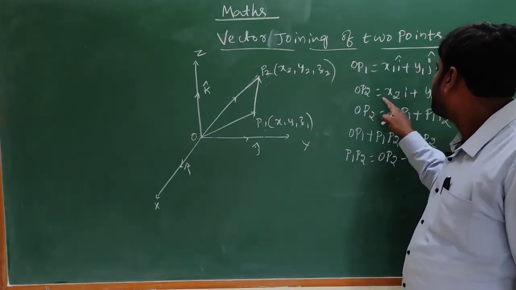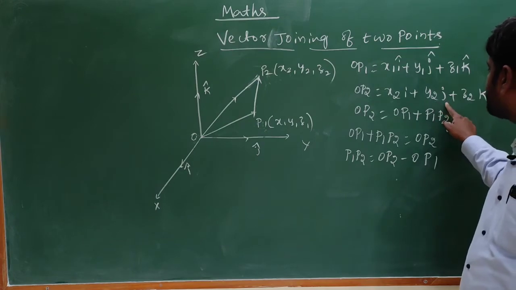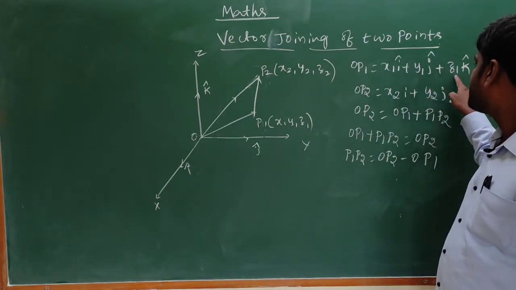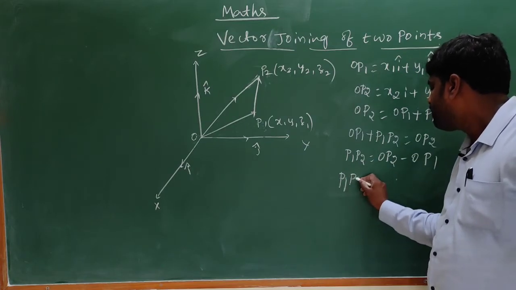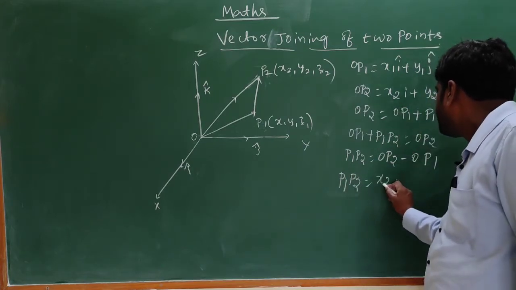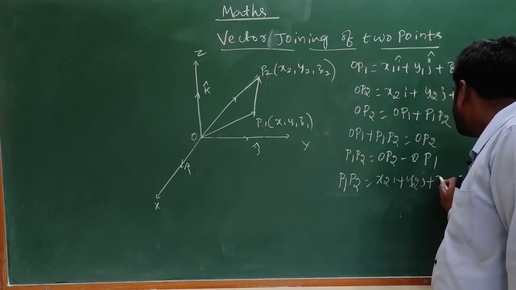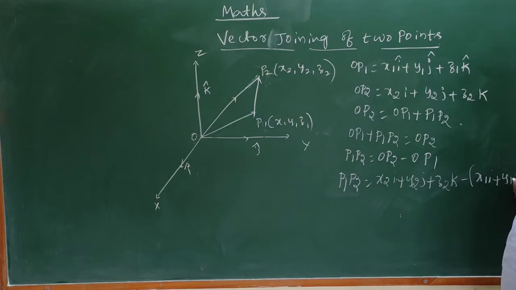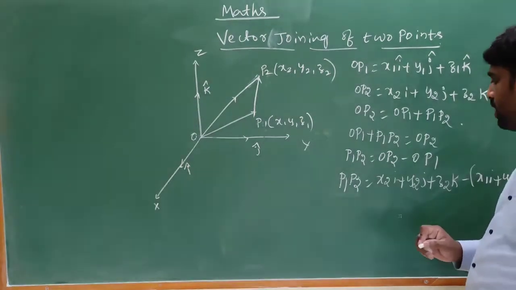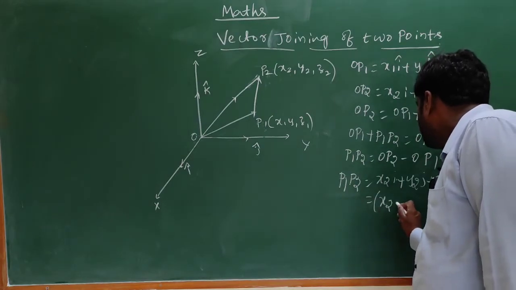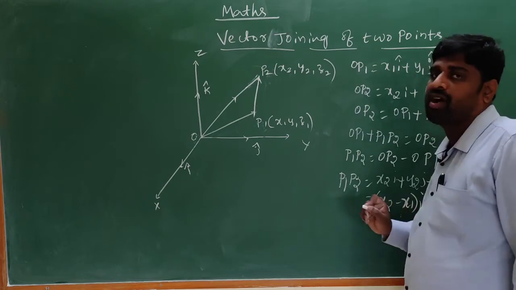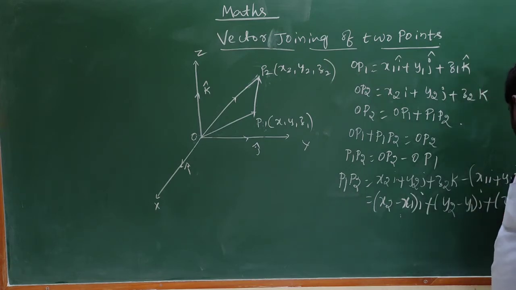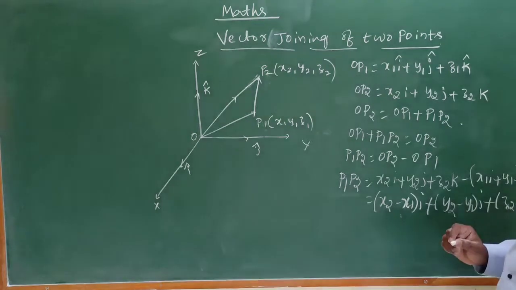Now what is OP2? x2 i plus y2 j plus z2 k. What is OP1? x1 i plus y1 j plus z1 k. So P1P2 is equal to (x2 i plus y2 j plus z2 k) minus (x1 i plus y1 j plus z1 k), that is (x2 minus x1) i plus (y2 minus y1) j plus (z2 minus z1) k.